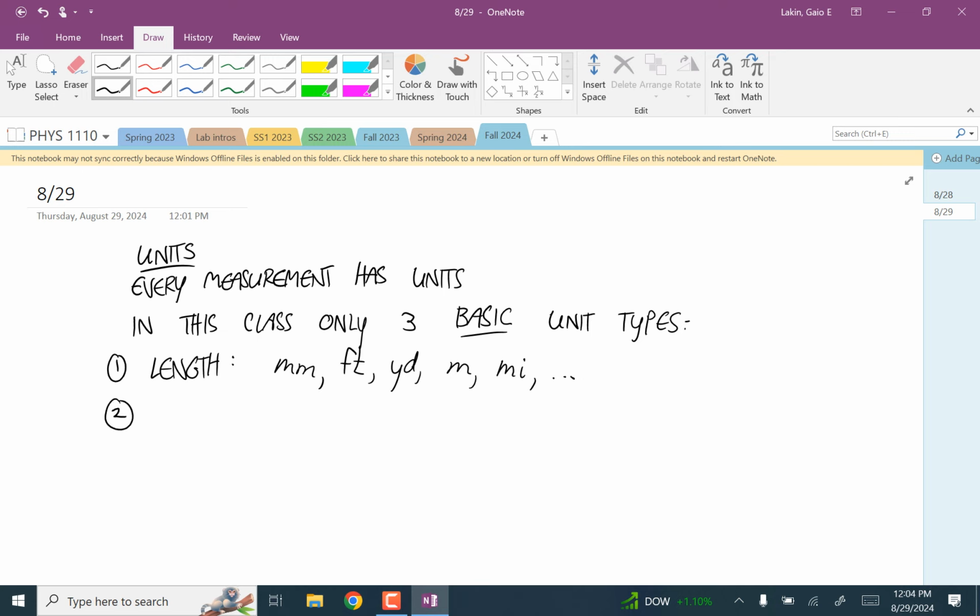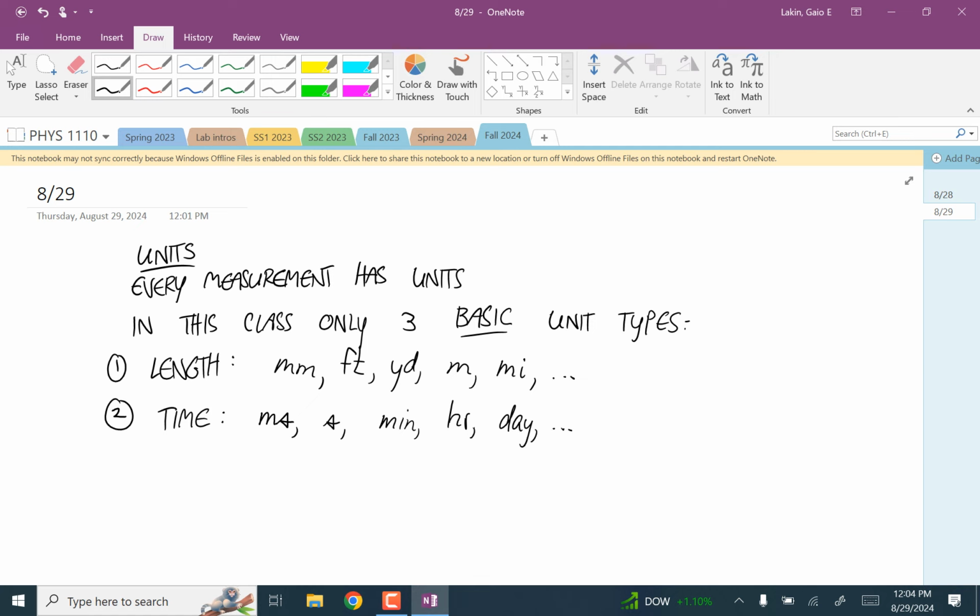The second basic unit type is time. This would be milliseconds, seconds, minutes, hours, days, years, and so on.